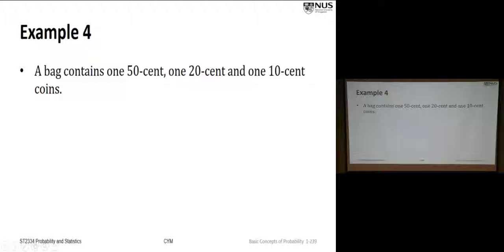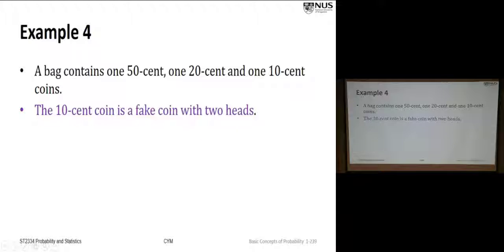Example 4. These examples are quite interesting. So we have 3 coins. In order to differentiate, there are different coins: one is 50 cents, 20 cents, and 10 cents. Then we have a fake 10 cents coin with 2 heads.